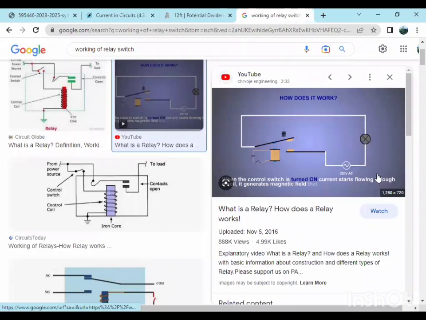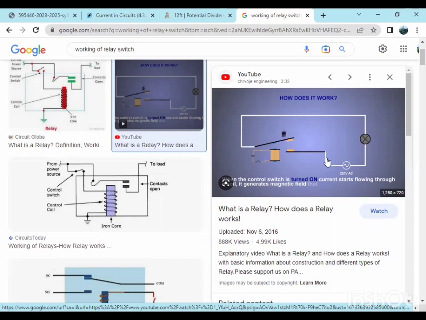When we have a large enough voltage, these two plates are going to attract each other. When the control switch is turned on, current starts flowing through the coil and generates a magnetic field around it. We know that around every current carrying conductor there is a magnetic field. So the two plates attract each other and close.